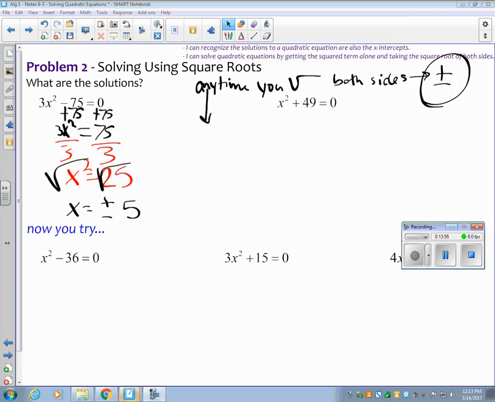All right, Rob, let me see. You can do x squared plus 49 equals 0. What is our first step? Yep, minus 49 from both sides.